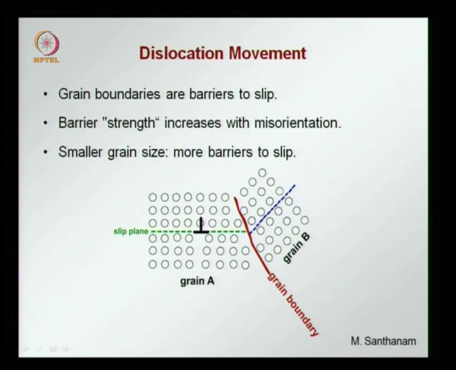Say in grain A, if this was the lattice structure and here you have a dislocation, this crystal plane does not continue into grain B.